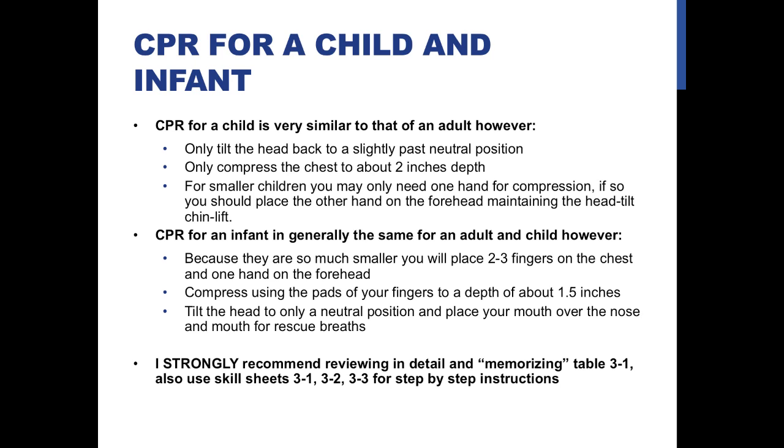So you can see in the case of a child, the 1-hand compression versus 2-hand compressions. A 10-year-old may need interlocked hand compression versus a 2-year-old might not. So you're going to have to make those decisions on your own whenever and if ever you're in that situation.